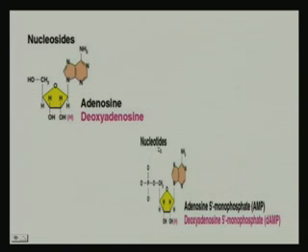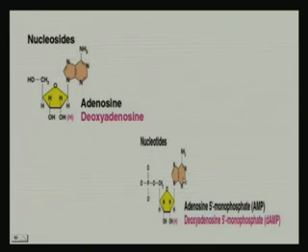In case of nucleoside, it is nitrogen base and sugar. When we are talking about nucleotide, I have already shown you that nitrogen base, sugar, and to that one phosphate is attached. See the structure. This is nitrogen base, sugar, and to this the phosphate moiety is attached.